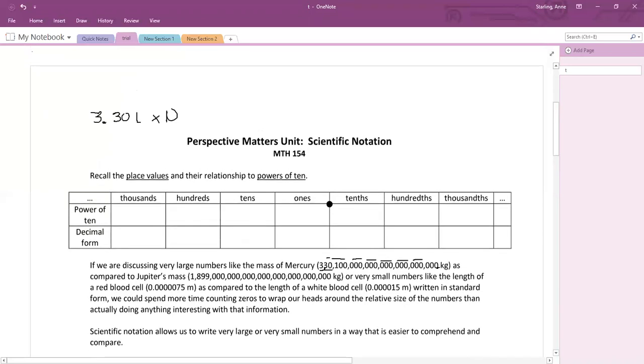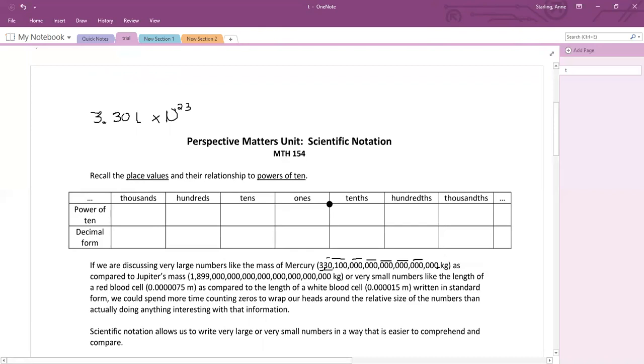So we would put that as 3.301 times 10 to the 23rd power. That tells us that the decimal has another 23 essentially zeros behind it, and we can identify that as a very large number.